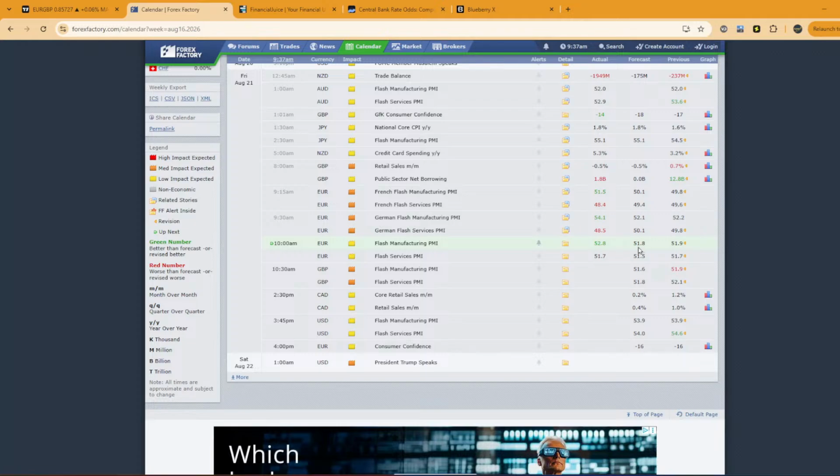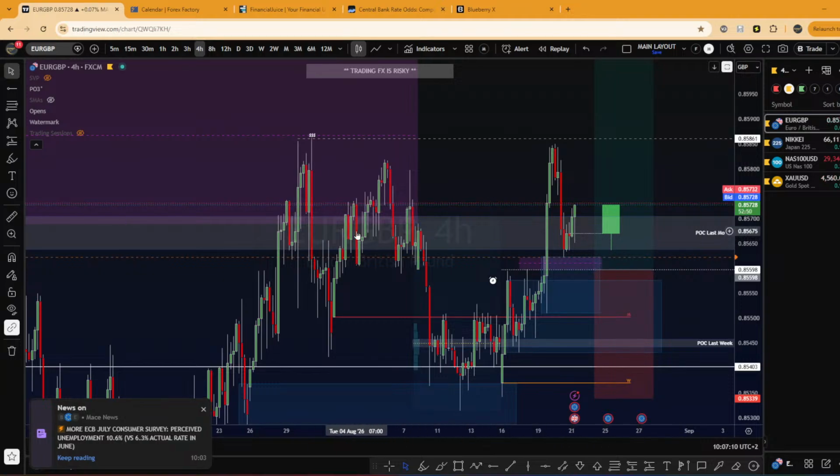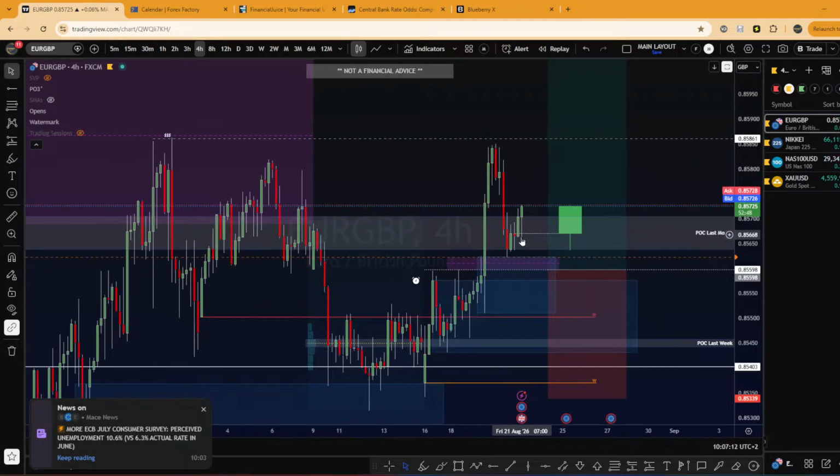PMI above the 50, and service PMI also above the 50. So globally, euro is holding, PMI is holding. So this could potentially give some strength on euro. So we started to push.